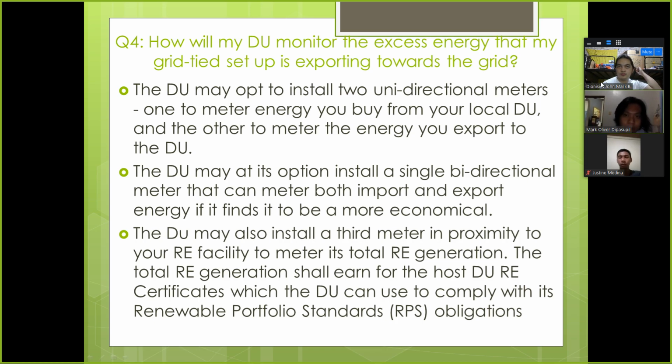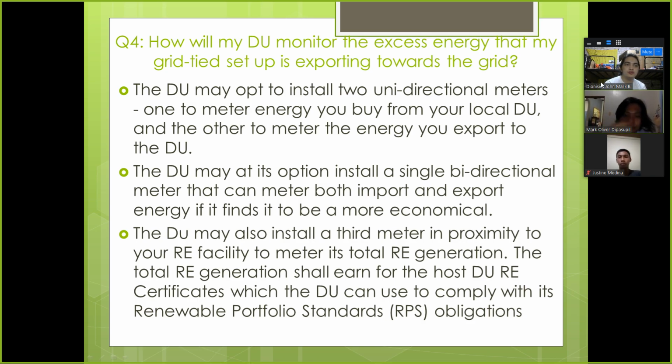And yung isang metro naman, ito yung magme-measure nung na-export mo o yung sobrang kuryente na na-produce mo. So, tig-isa yung i-install ng DU mo. Isa dun sa papasok na kuryente, isa dun sa papalabas. So, para hindi malilito yung isang metro kung alin yung lumalabas o alin yung pumapasok.